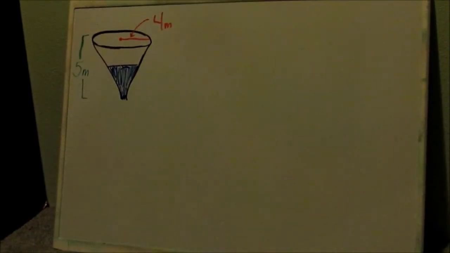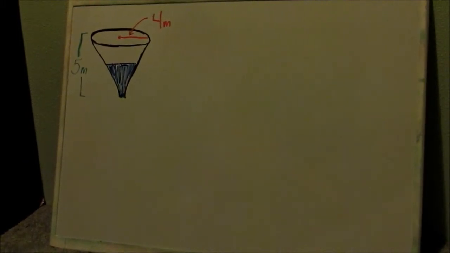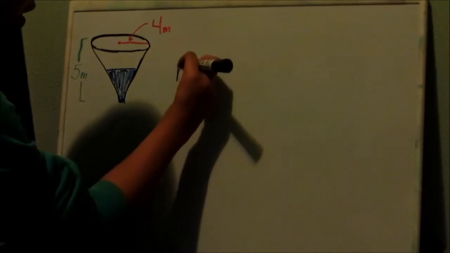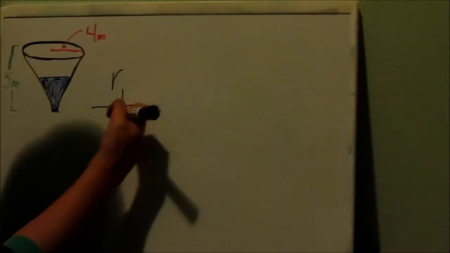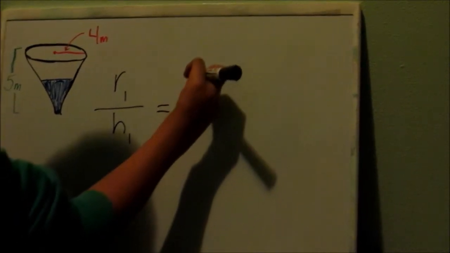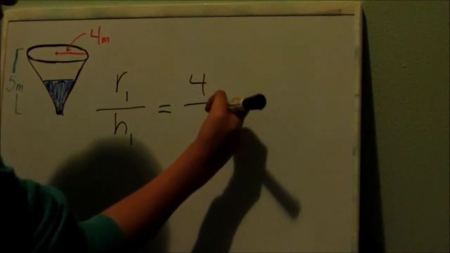Before finding the derivative, replace R sub 1 with the relationship using H sub 1 by doing the following. R sub 1 over H sub 1 equals 4/5.